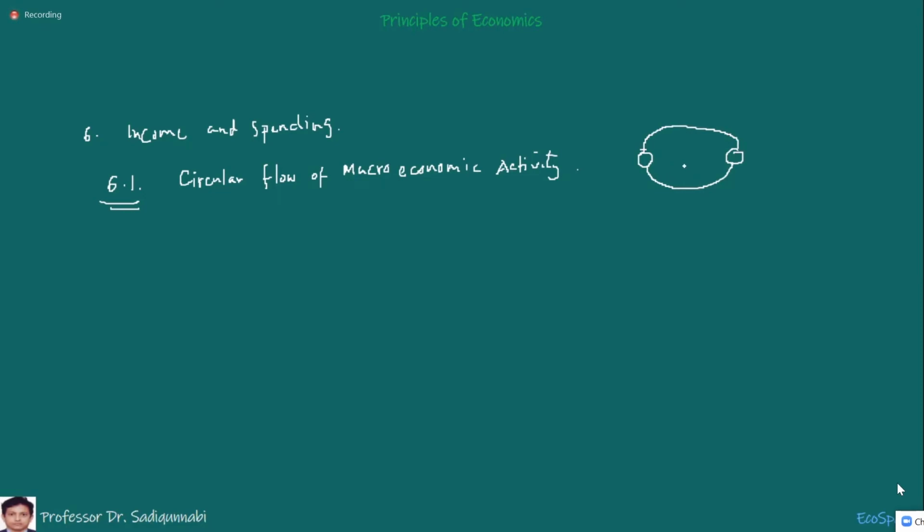So how can we imagine circular flow in macroeconomic activity? Let me start with a single person. You may have heard the name Robinson Crusoe.